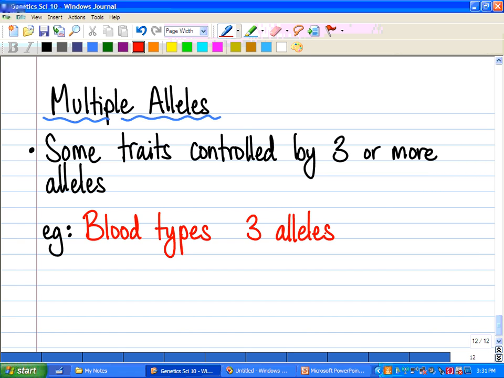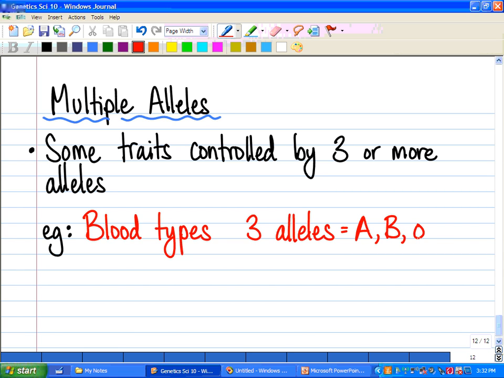And we'll talk about how these alleles combine to give different individuals different blood types. So those 3 alleles are A, B, and O. And I'm actually trying to do a lowercase o there versus a capital O. Not that it really matters, but we'll see why in a minute.